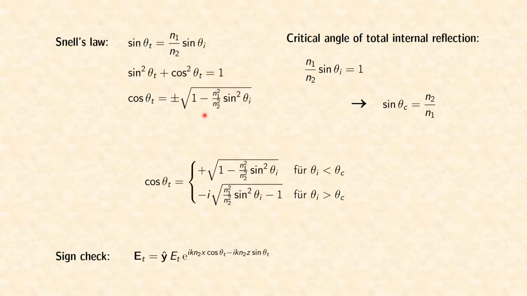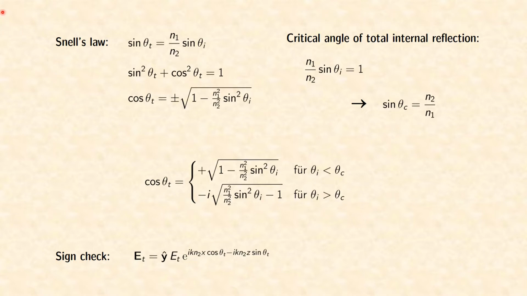But for this derivation, for the TE wave, we only used Snell's law, and Snell's law is the same for TE and TM wave. So all we did here is exactly the same for TM wave. We can immediately use this expression in our case for the TM wave.